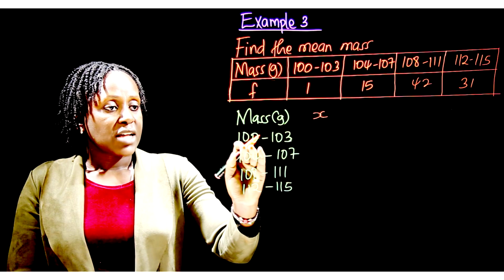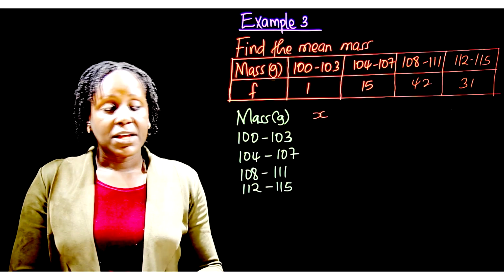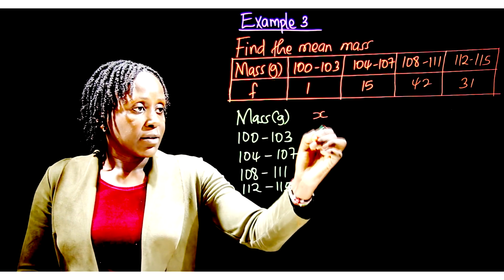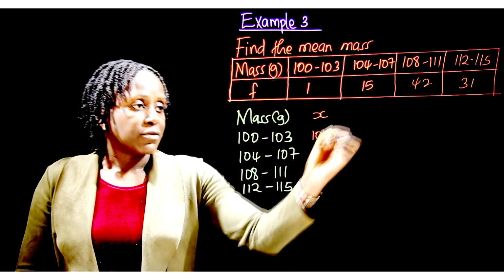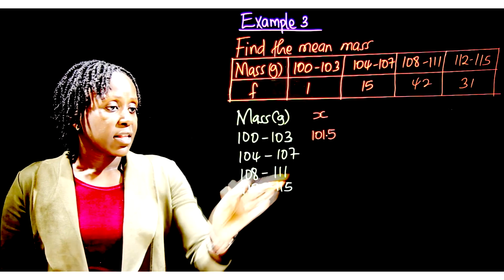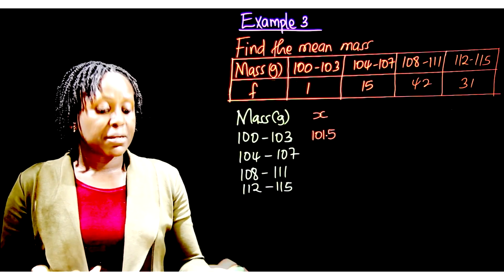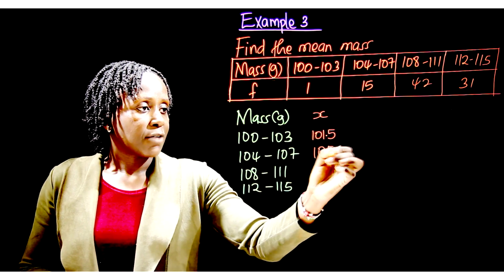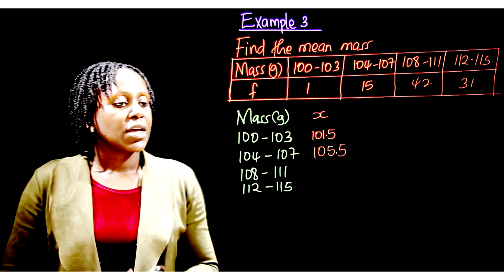So this would be 100 plus 103, divided by 2, you get 101.5. Then we add these two and divide by 2 to obtain 105.5.